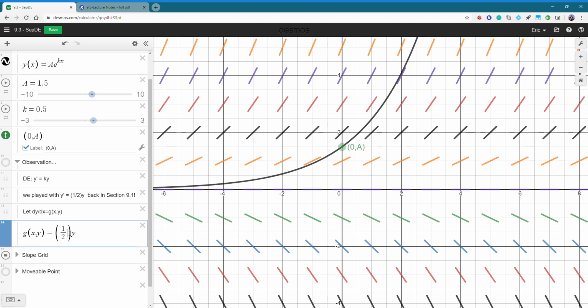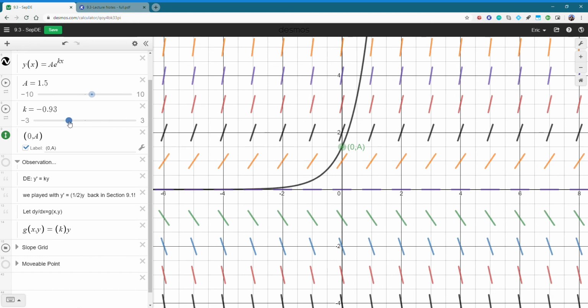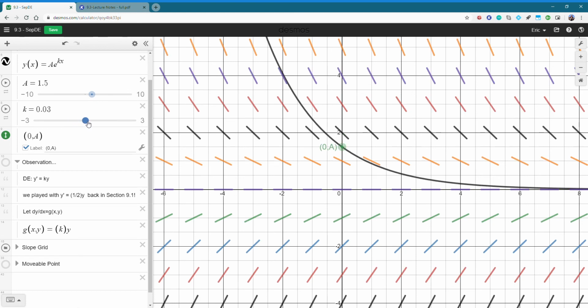And here, if we want, we can actually make our direction field interactive. Instead of 1/2, let's make it k. And now as we change the k, the direction field will change along with us and show us that indeed for each k, even negative k's, our curve is moving through that direction field.